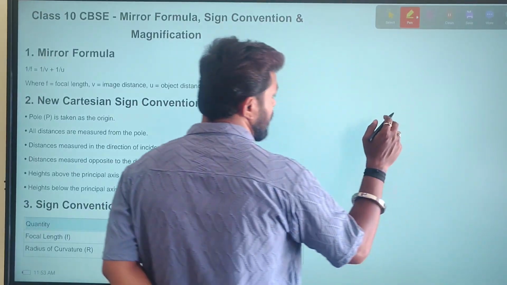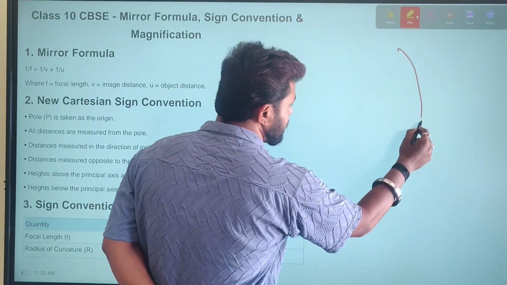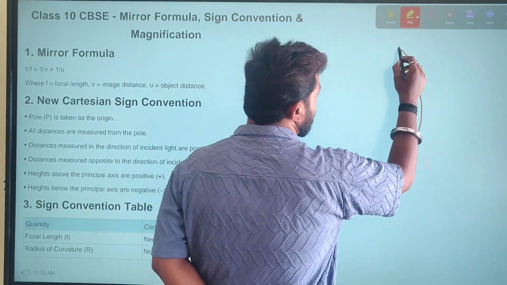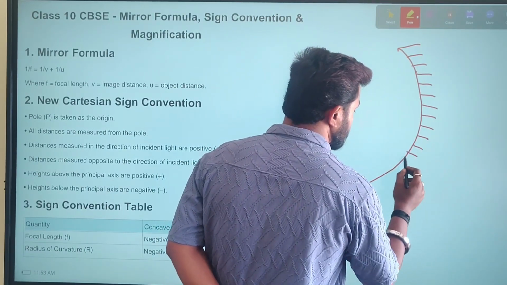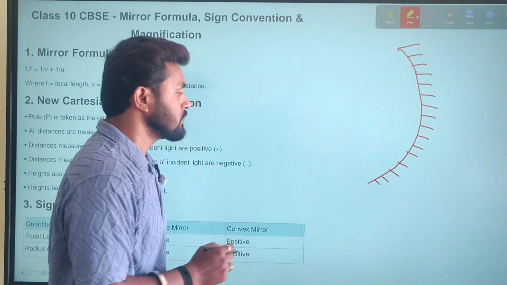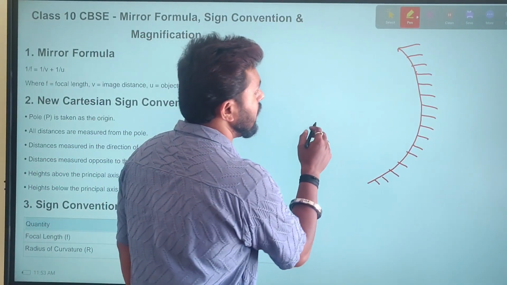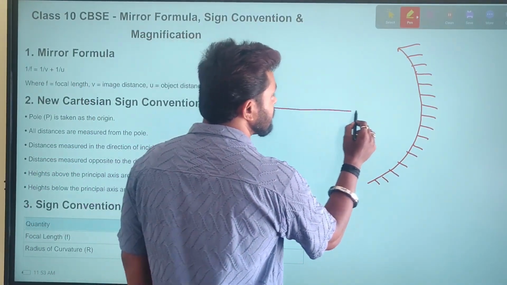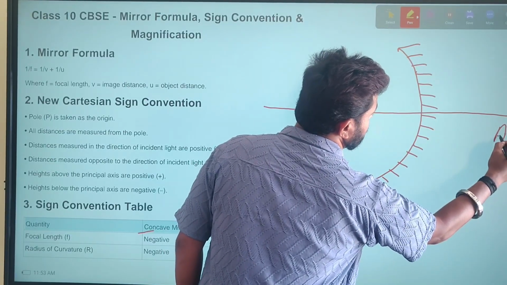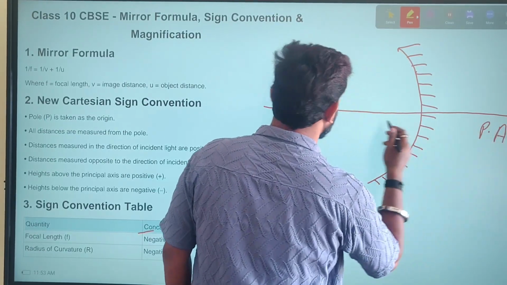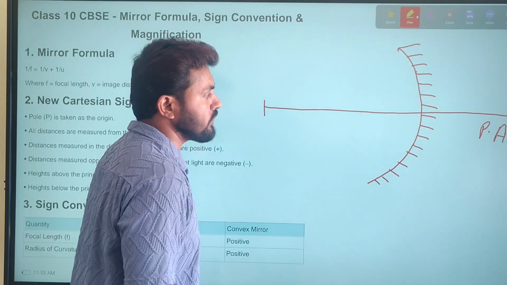Let me draw. Now let's say this is a concave mirror, and I am drawing the principal axis. This is an arrow, and I am keeping it over here.